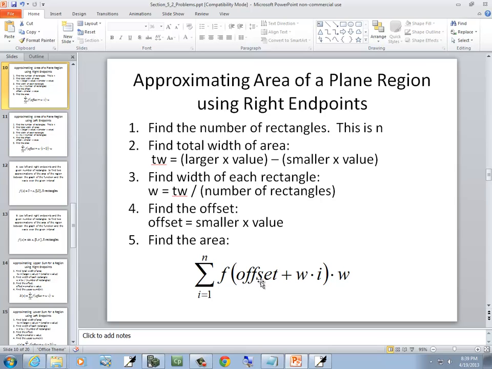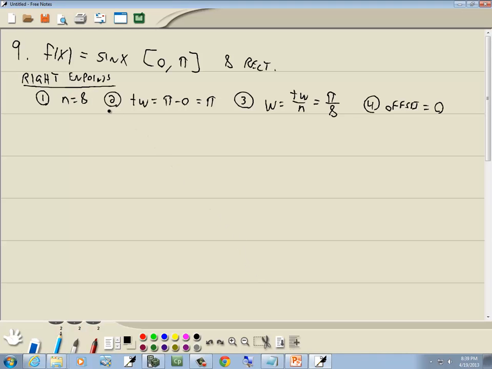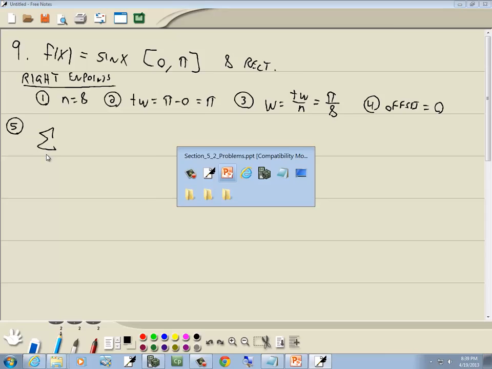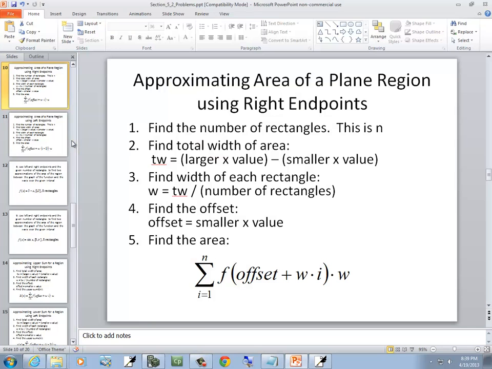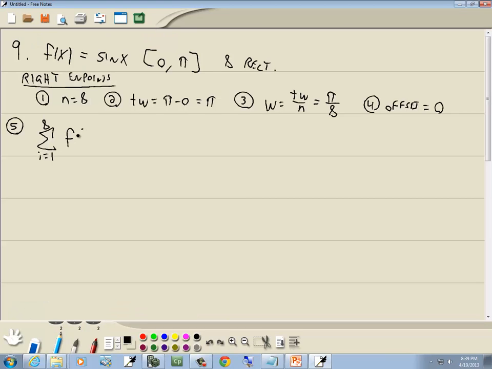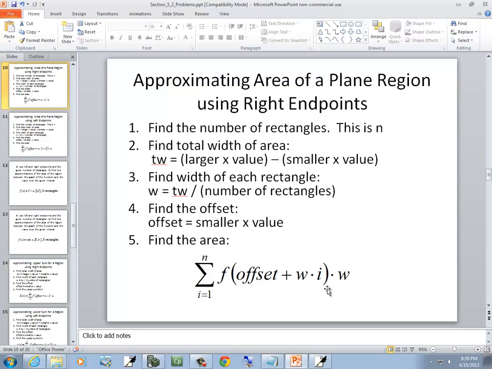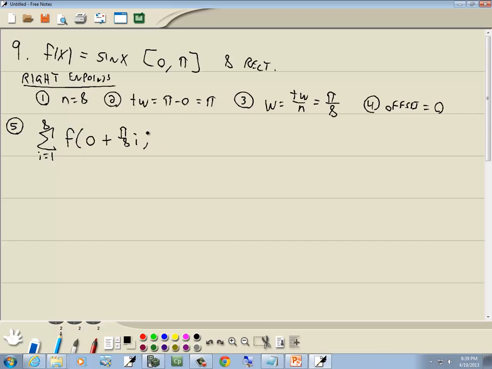And now we want to find this. So, step 5. The sum from i equals 1 to n, which was 8 in this problem, of f of our offset, which was 0, plus w, and w is pi over 8, i, times w, which was pi over 8.